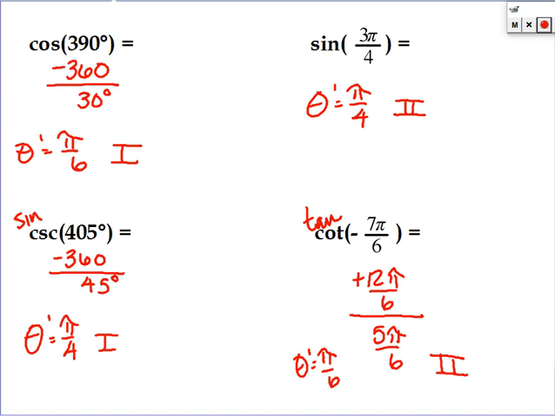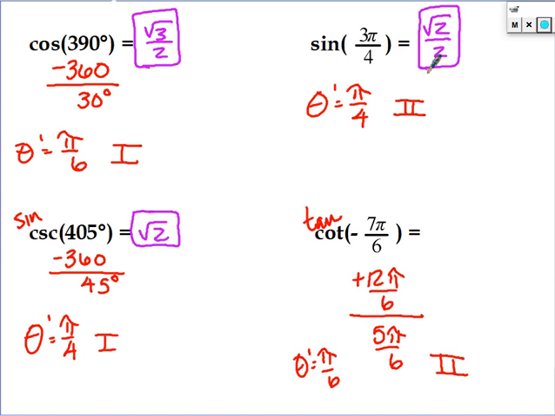Okay, so now you can go through and find the values. So cosine in quadrant 1 is positive, and pi over 6 is going to give you square root of 3 over 2. Sine of pi over 4 is square root of 2 over 2, so that means cosecant is just going to be square root of 2. Sine of pi over 4 is square root of 2 over 2, and again that's in quadrant 2, so it's positive.